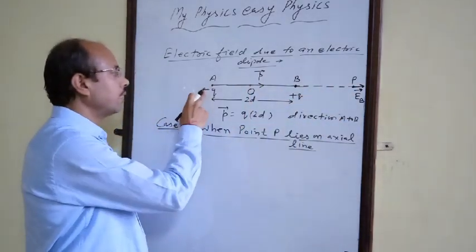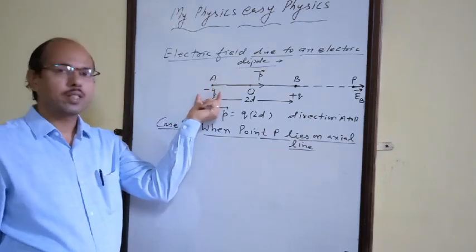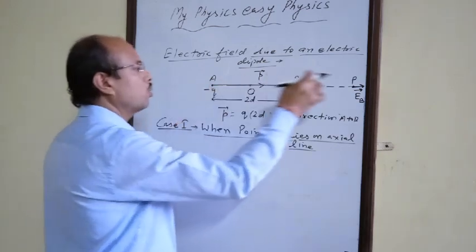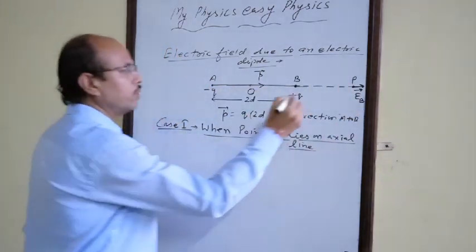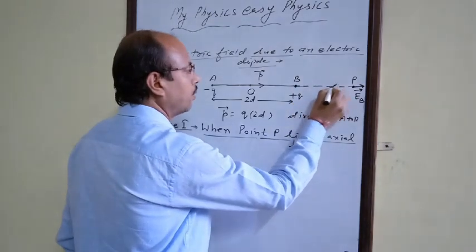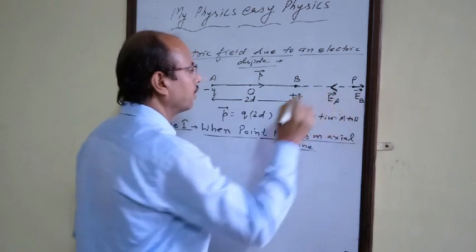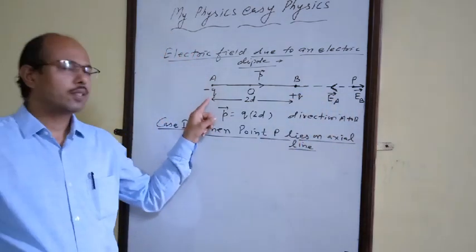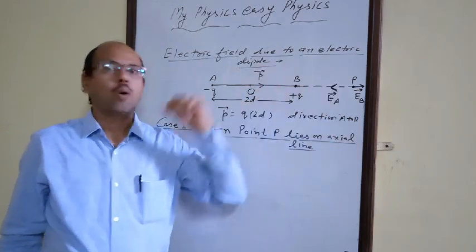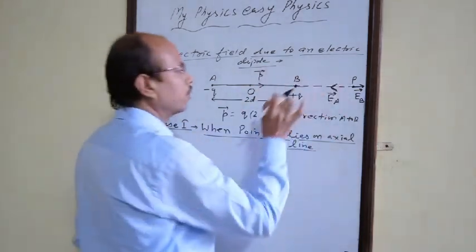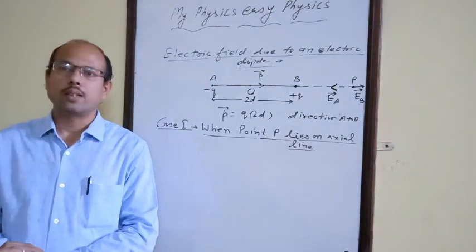Similarly, at point A there is a minus q charge, which will attract the unit positive charge at P. So the direction of the electric field due to the minus q charge at A will be EA, but the direction is opposite. From this diagram it is clear that EB and EA are opposite to each other.